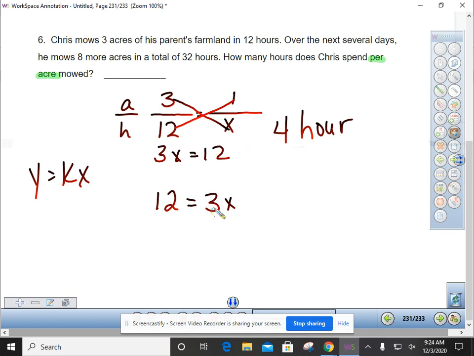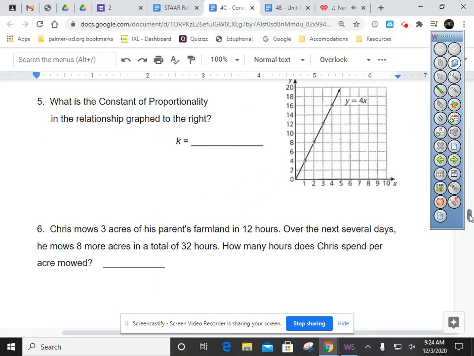The constant's 3, right? Or the constant's 4. But still. Are you with me? You can still write it like that. You can flip it around.